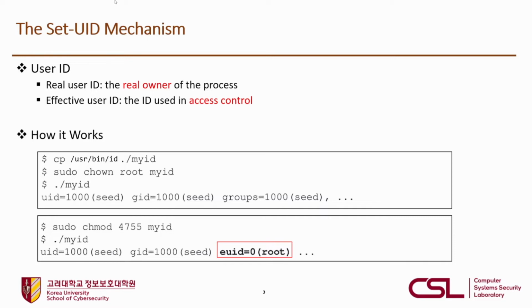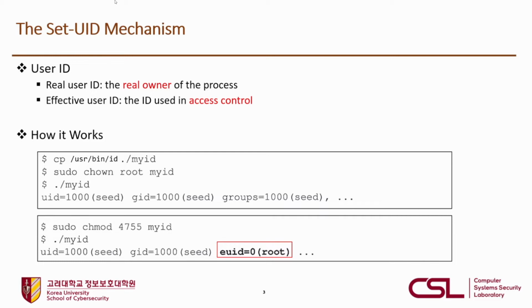The reason the EUID is not shown is because the EUID is omitted when the UID and the EUID are the same. Since the SetUID bit is not set, even if the owner is root, the EUID continues to be seed, which is the same value as the UID.